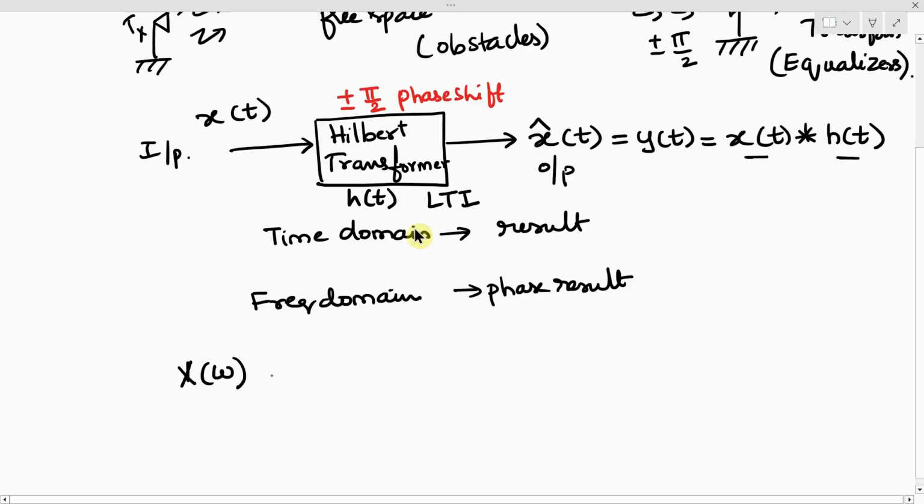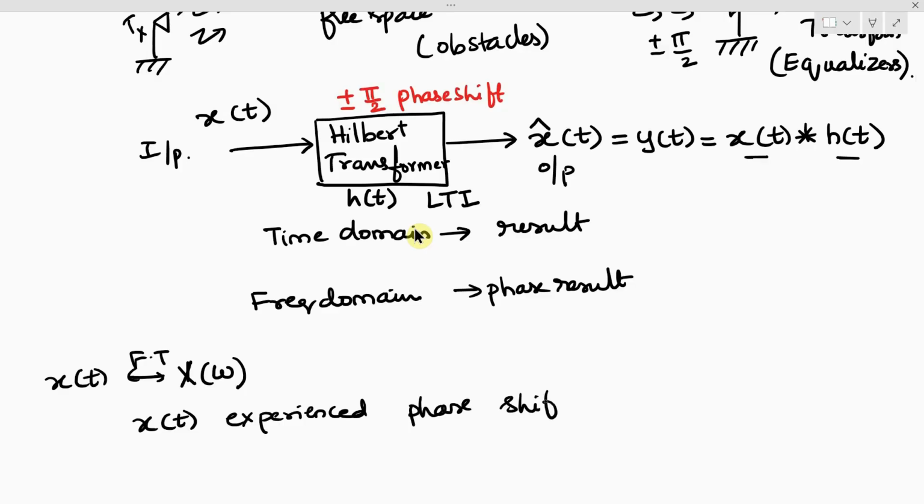How can I represent the Fourier transform of x of t? X of omega. Am I right? The Fourier transform of x of t is X of omega. Suppose I want to show that x of t has experienced a phase shift of plus or minus pi by 2.